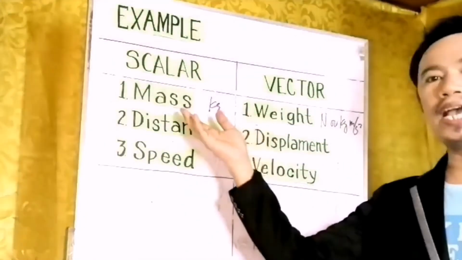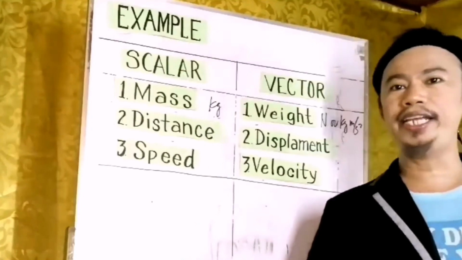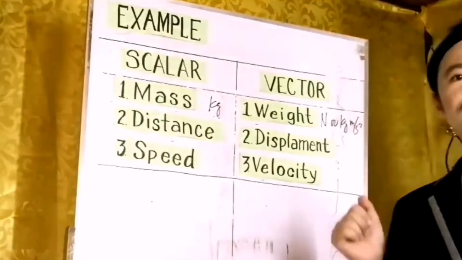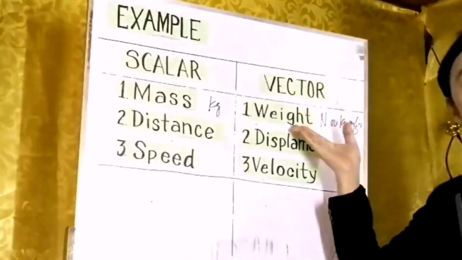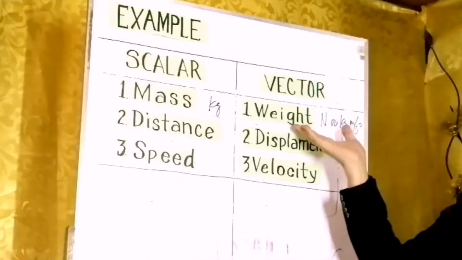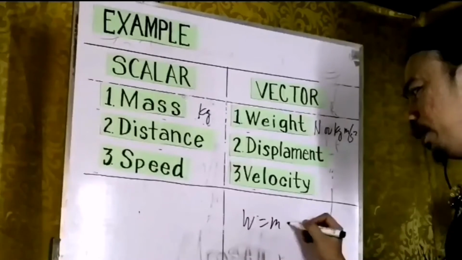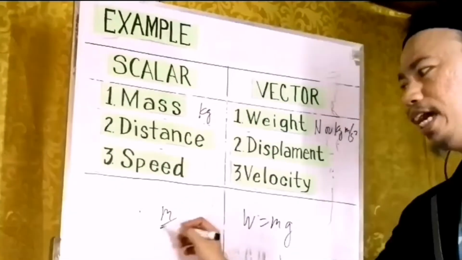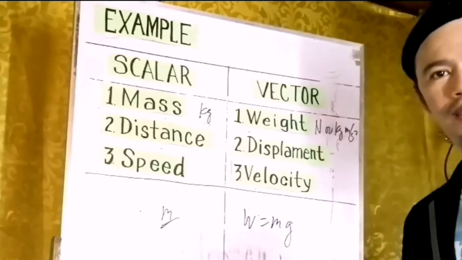Now, let's define the mass. Mass is defined as the amount of matter it contains, while weight is the product of mass and acceleration.